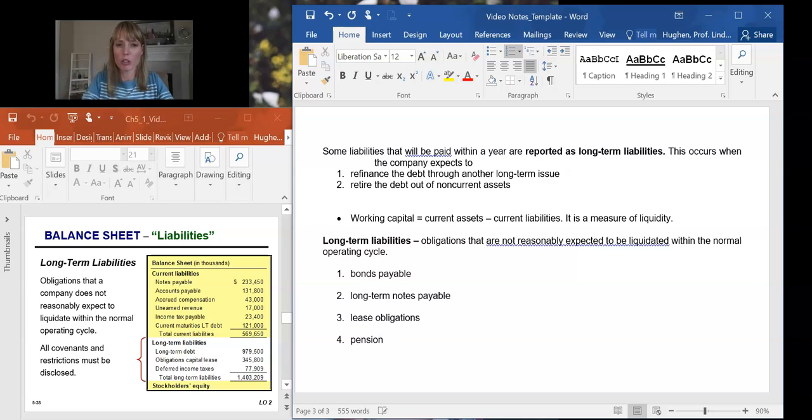Pension obligations. This is the amount that is owed to the employees at retirement because they've provided the services that they said they would for us in order to give them this pension benefit.